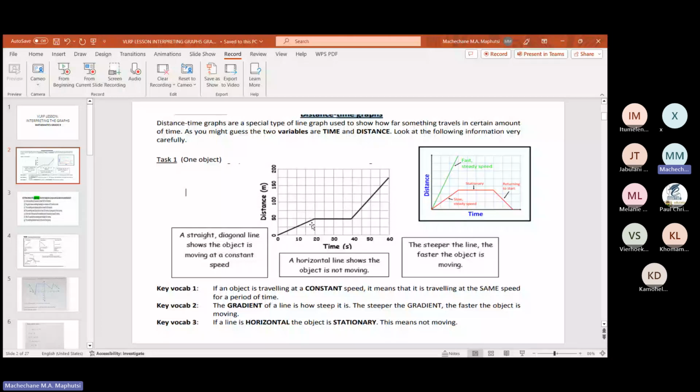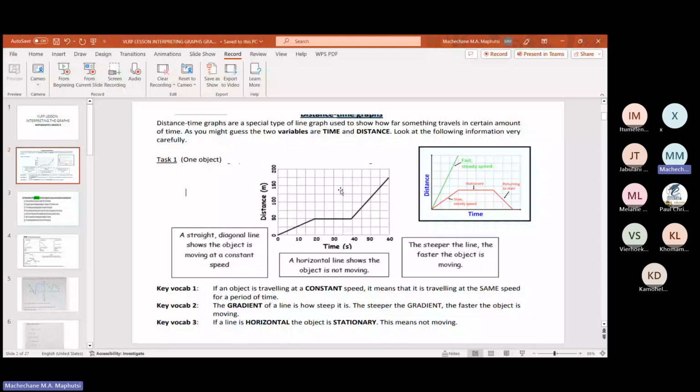But when you check from 20 to 40, you can see a straight line. So what does that straight line tell us? The horizontal straight line is telling us that the object is not moving, or the object is constant, or sometimes we may say the object is stationary.